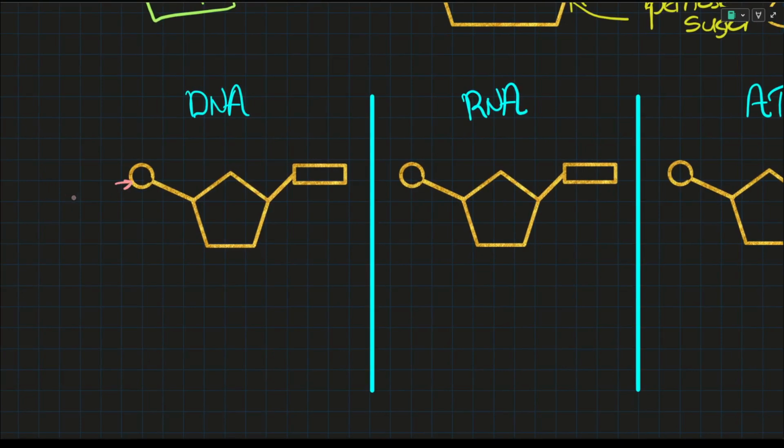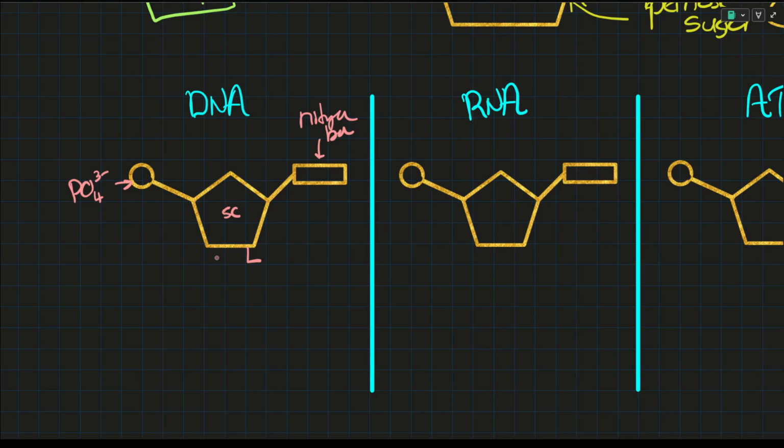Okay, still, this is the phosphate group. Nothing's different there. PO4 minus, I'll write down like that. Okay, and here, this is the nitrogenous base. This is still the pentose sugar, 5 carbons. Now, here's the thing.